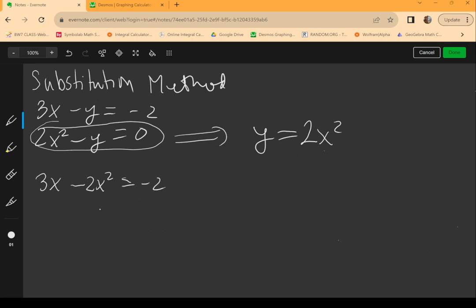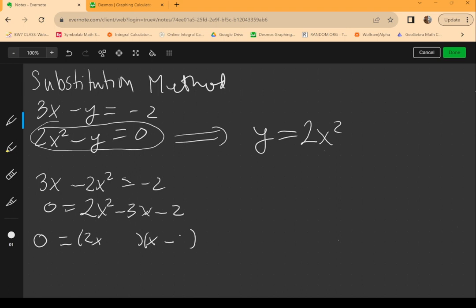And now I have a quadratic, right? So I'm going to set this equal to 0. If I move everything to the right, I get 0 equals 2x squared minus 3x minus 2. Now once we're here, I can solve this using the quadratic formula. Again, that always works, but here I can actually factor this to solve it much quicker.